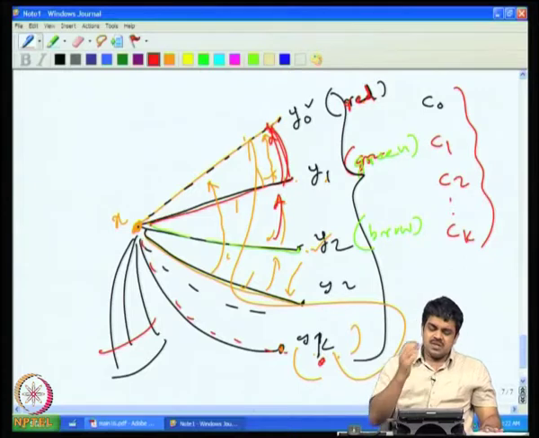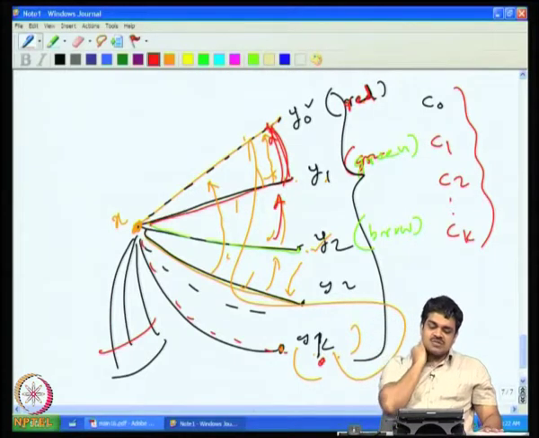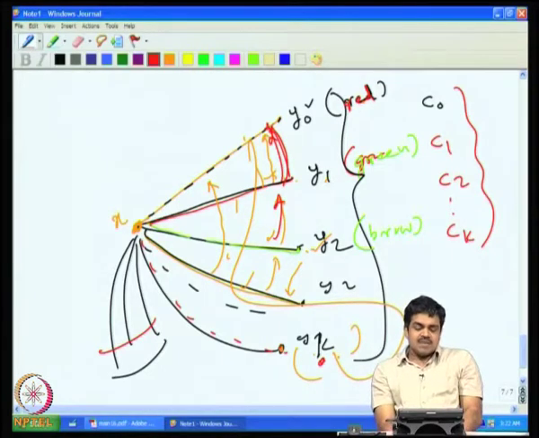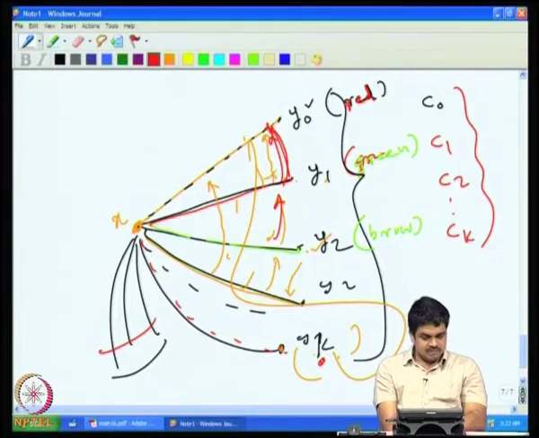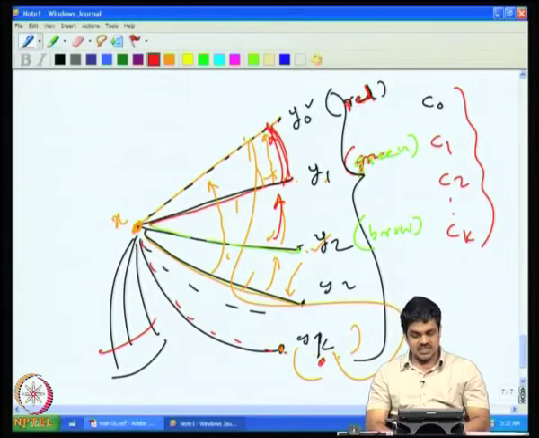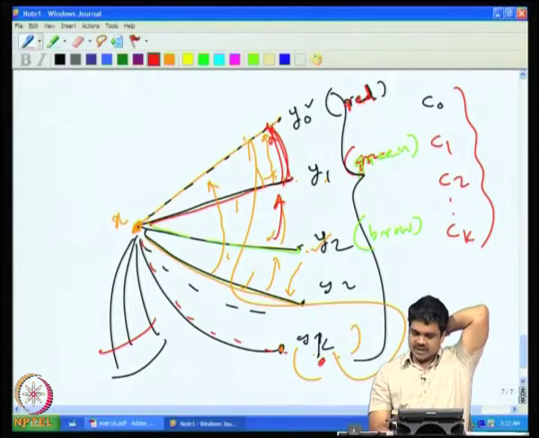The good thing about these colorings C0, C1, C2, Ck is that they are colorings of very related graphs. Essentially, we will see some way of deriving the ith coloring from the base C0 coloring by some rotations, and by the reverse rotations we can get it back.